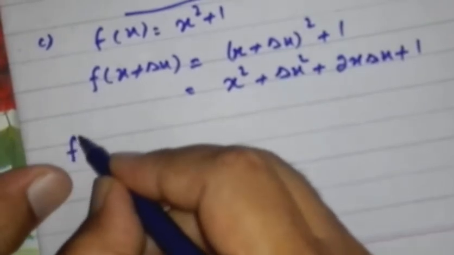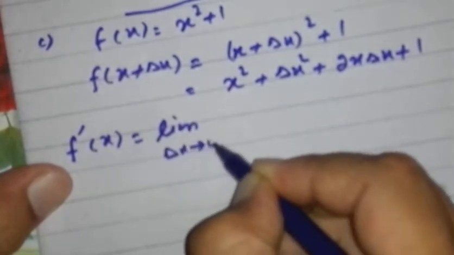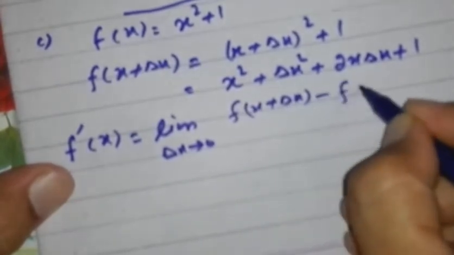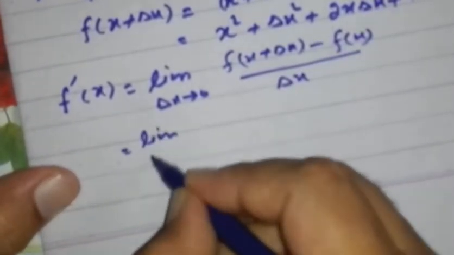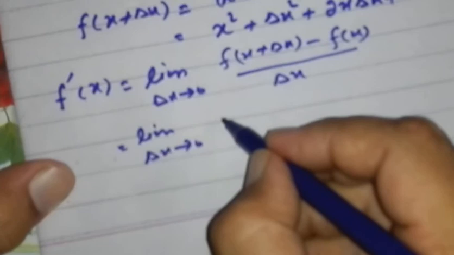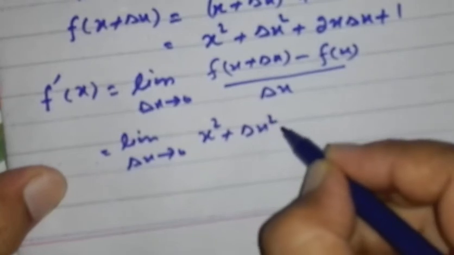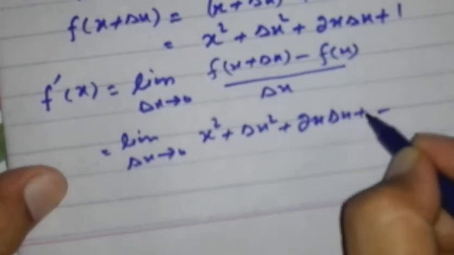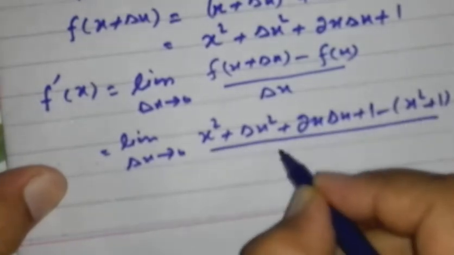Now we know by first principle f prime of x equals limit delta x tends to 0 of f of x plus delta x minus f of x divided by delta x. Put the values here. Limit delta x tends to 0, f of x plus delta x value is x square plus delta x square plus 2x delta x plus 1, minus f of x value is x square plus 1, divided by delta x.